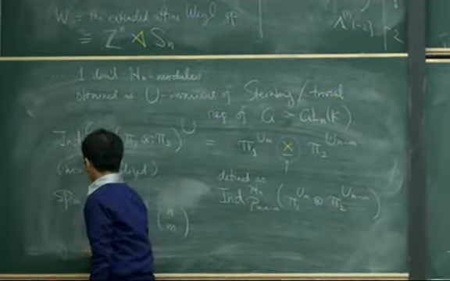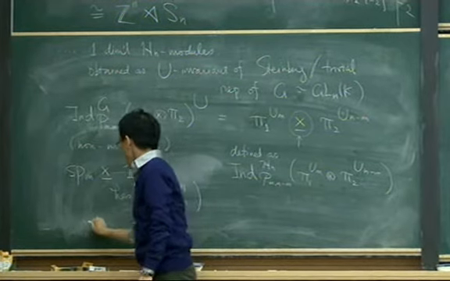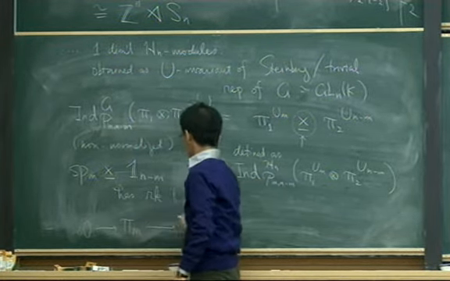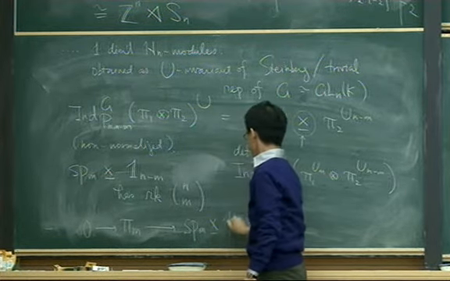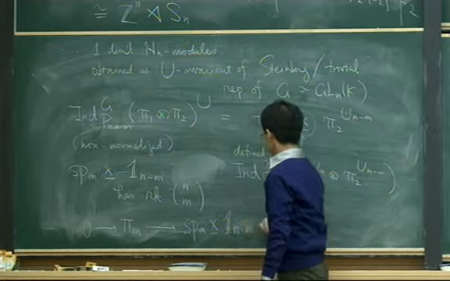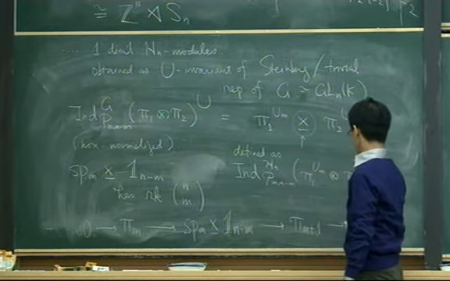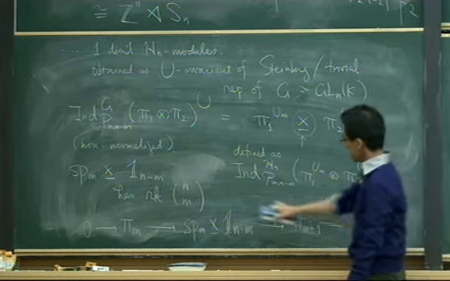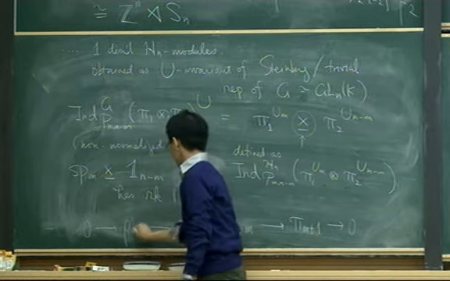And according to the work of Bernstein and Zelevinsky, it will have two irreducible constituents, which I denote by, well, maybe these are Hecke modules, so I should use rho, maybe.